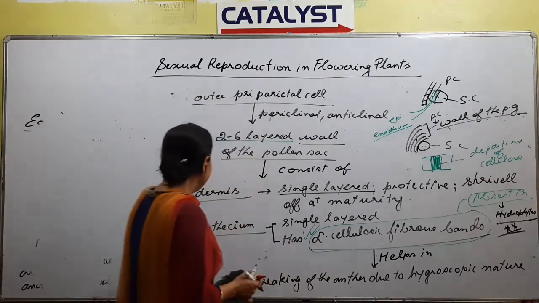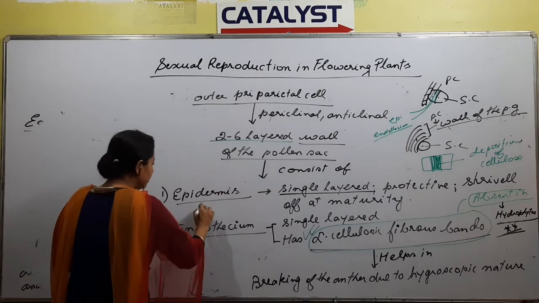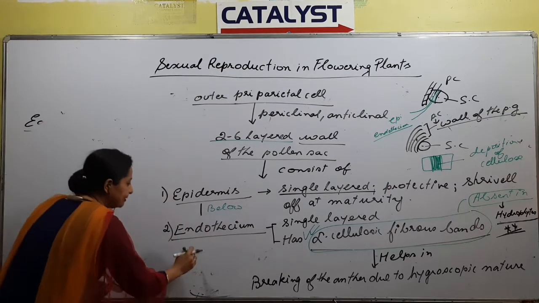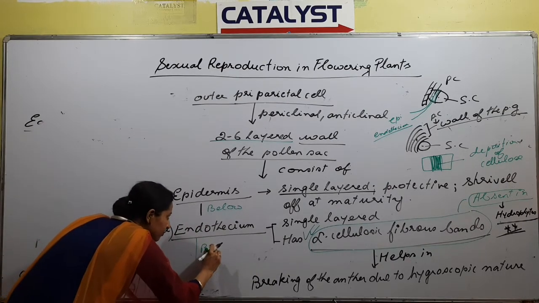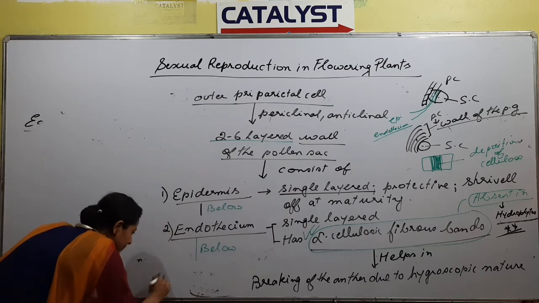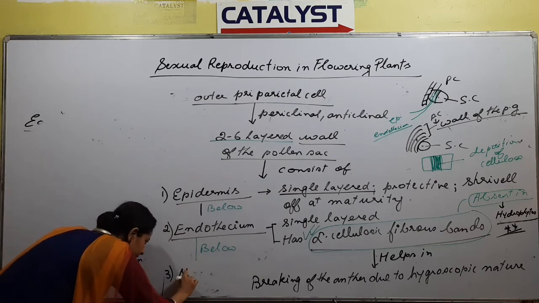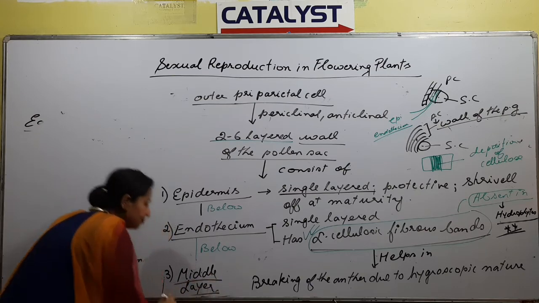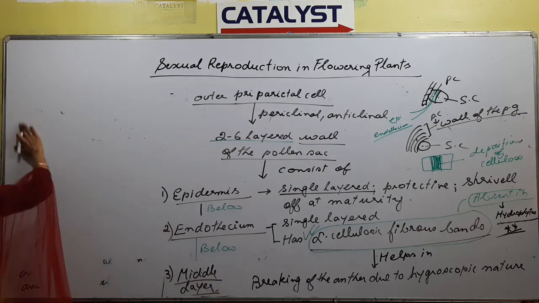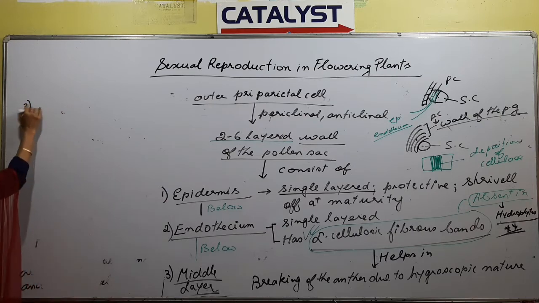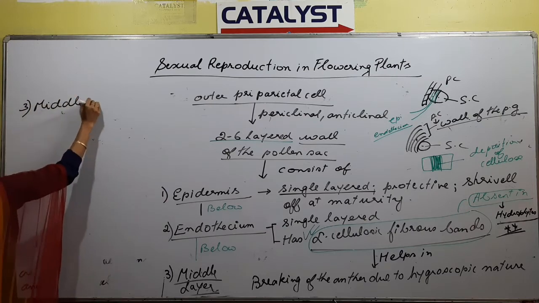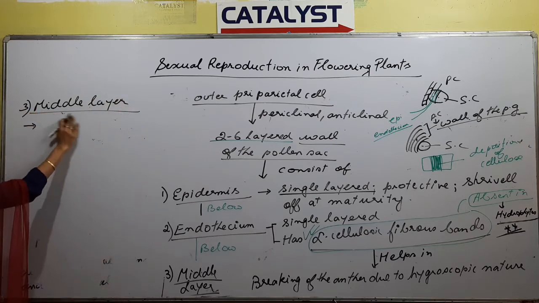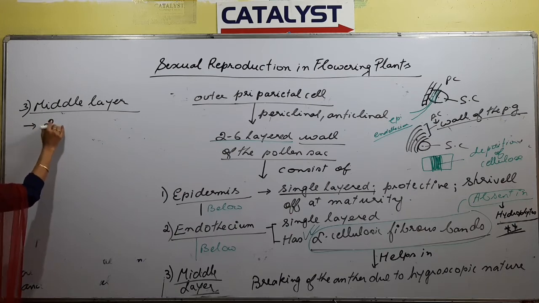Next, below the epidermis, what do we find? Below the epidermis is the endothecium. Now we'll talk about the third layer below the endothecium. What do we see? The middle layer. Next is information about the middle layer. It is two to three layered.